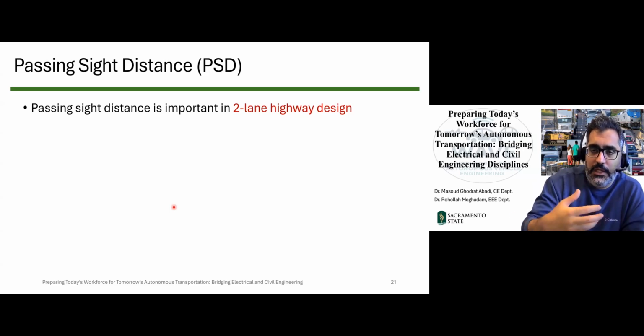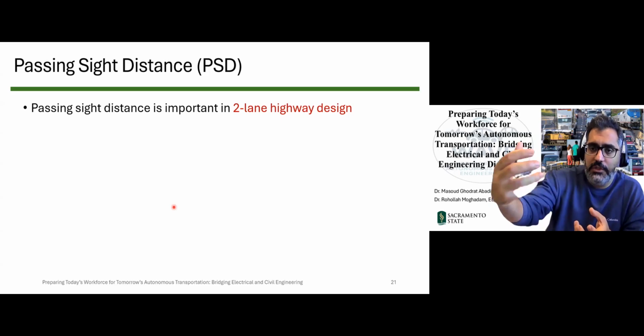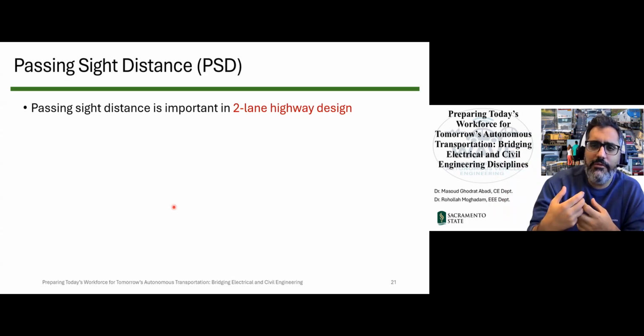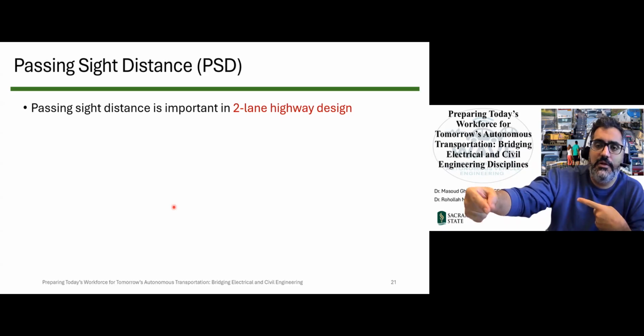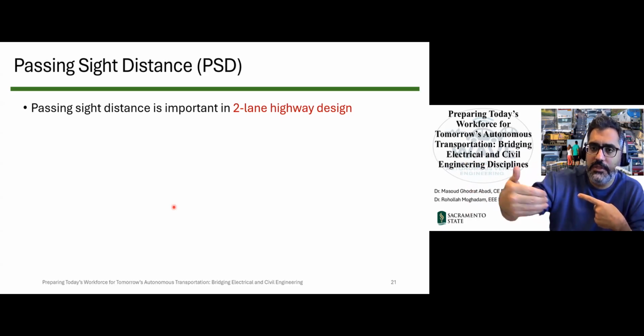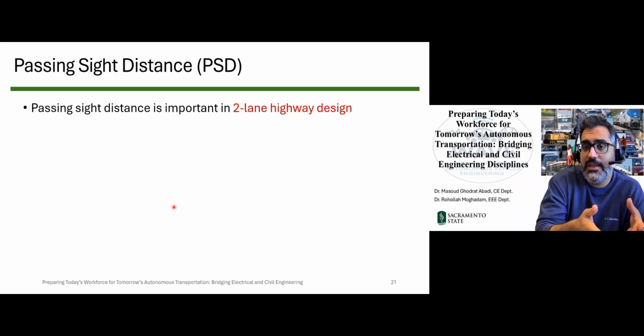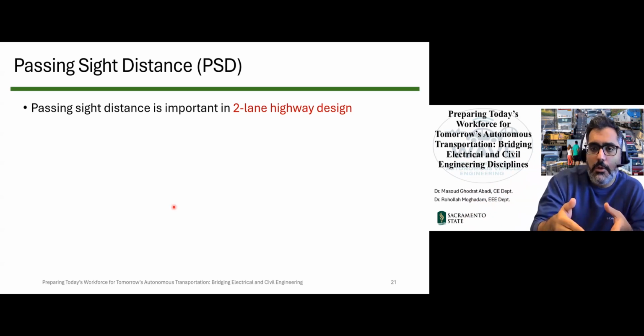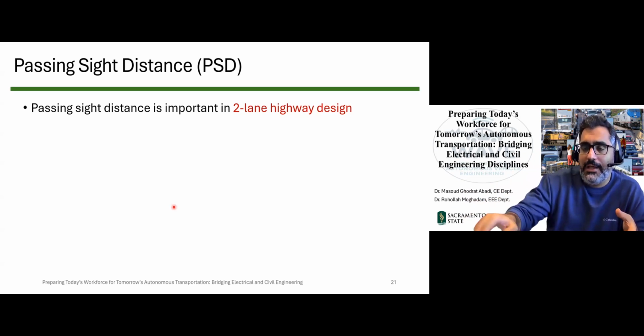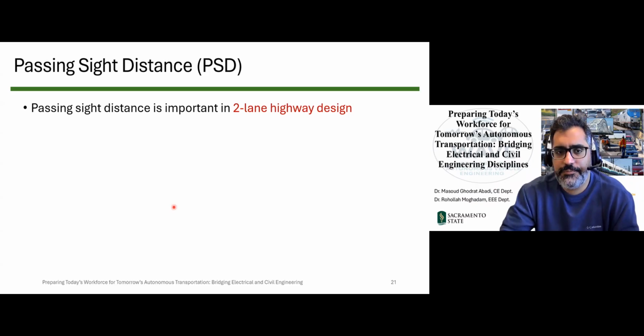And that opposing lane, there could be cars coming your way. So we have to make sure that now you have enough distance of the vehicles that are coming in the opposite direction to safely go back to your lane and to make a safe decision, pass the car, and then go back to your original lane.